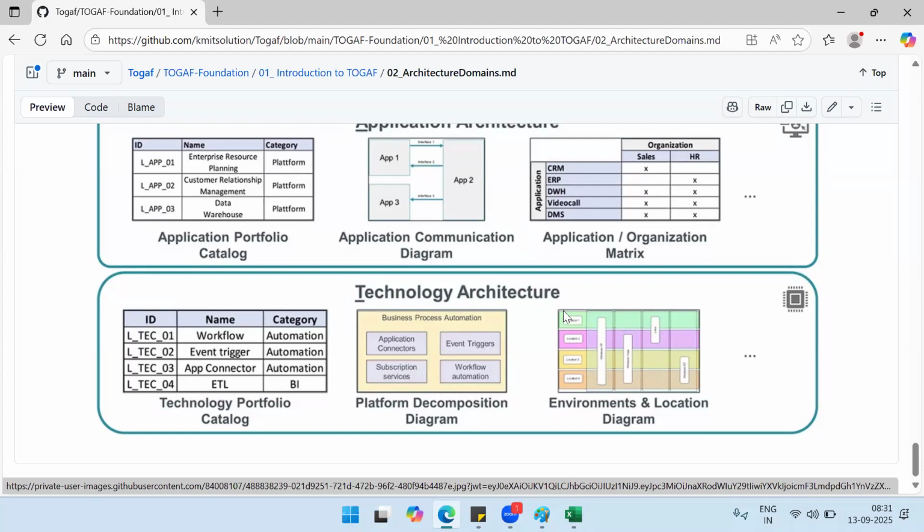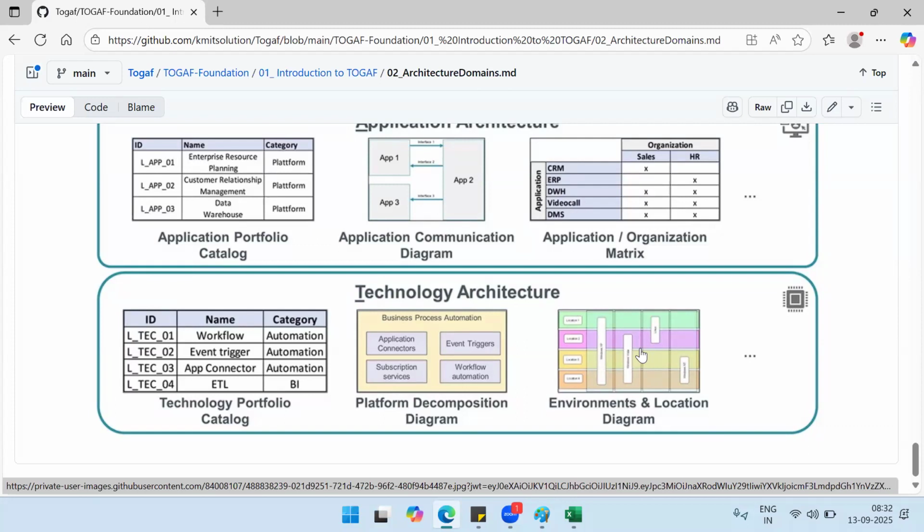And then further decomposition of this technology, we are having application connector, event triggers, etc. And then we are having different locations and the diagram is okay. This office is here. These machines are available here.